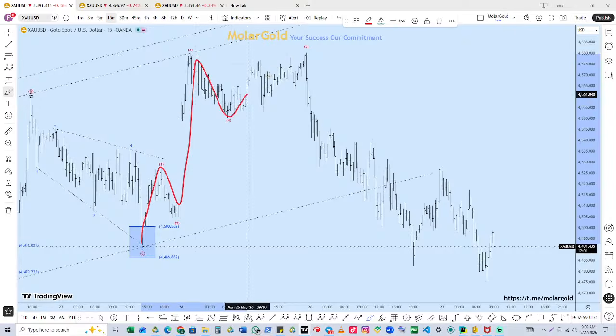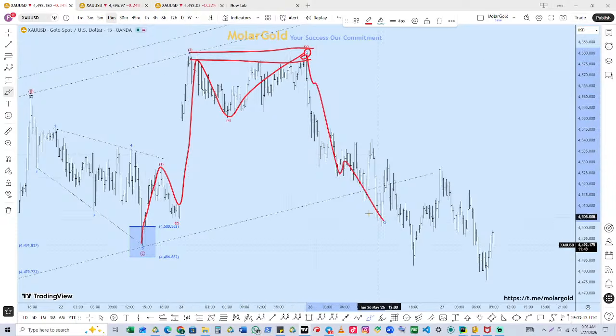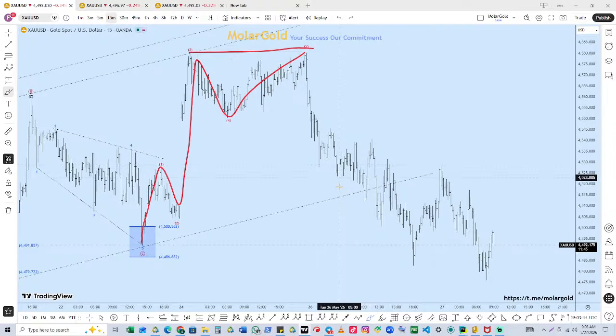All right, so gold actually truncated. It didn't break the top, and I think we saw that in the SMC. And I told you guys in SMC, probably this is where we can actually do a sell. All right, good. So this is the reason why we actually do a blend of the two. All right, yeah. Now let's get into the action.